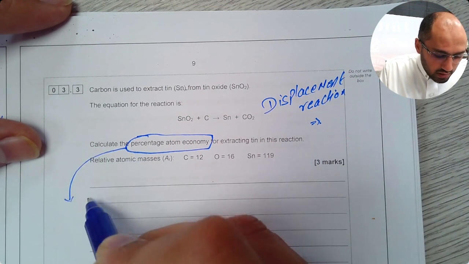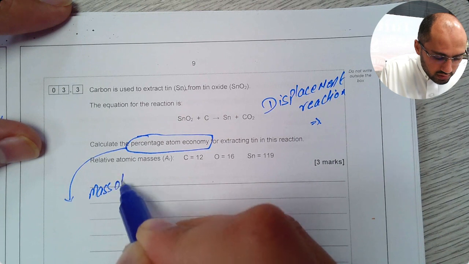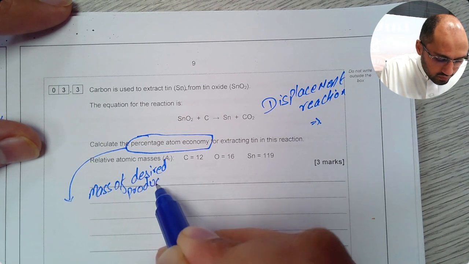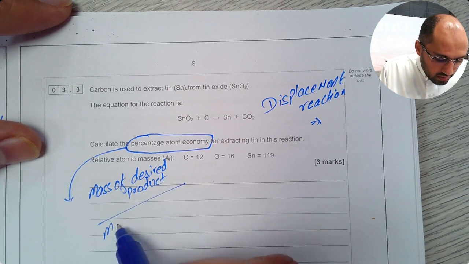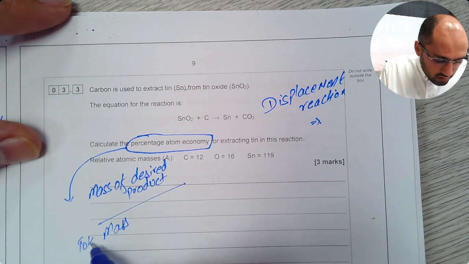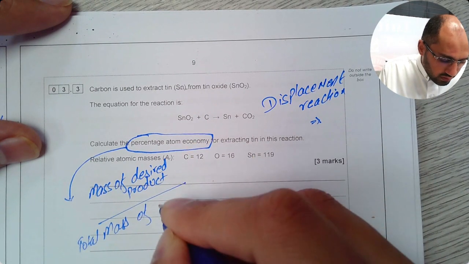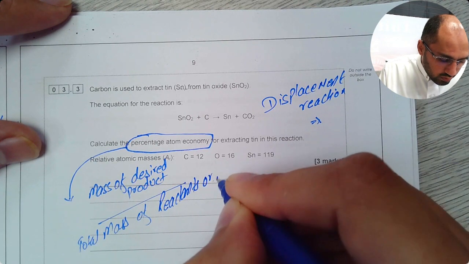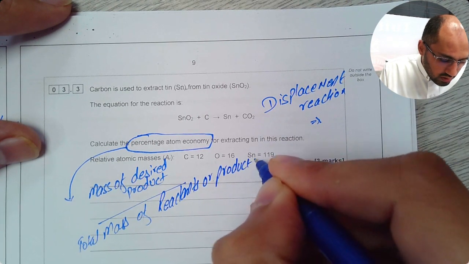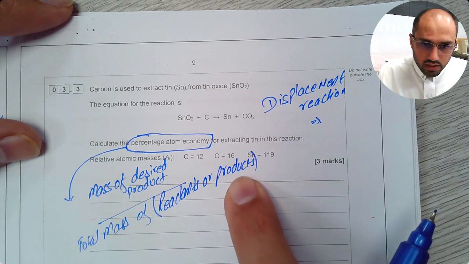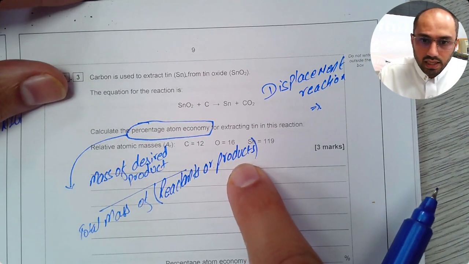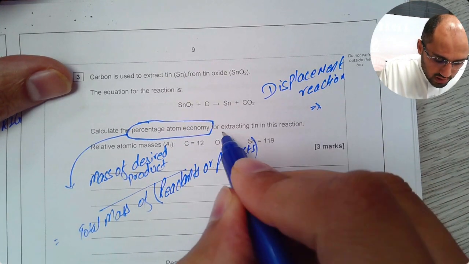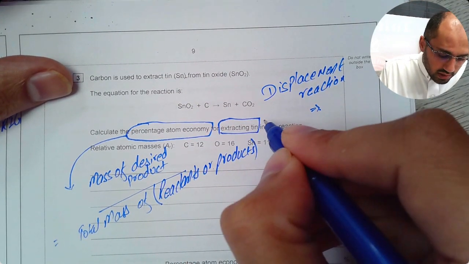So you have to recall what we mean by percentage atom economy. This means mass of desired product divided by total mass of reactants, or you can use products. I prefer the products because then I have to work out 1 less Mr. It says extracting tin, so the desired product is tin.